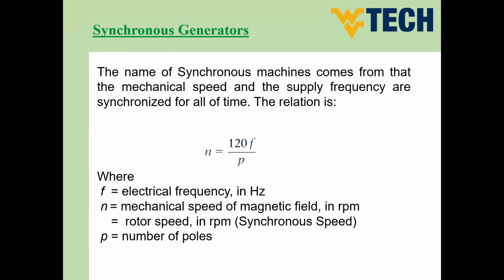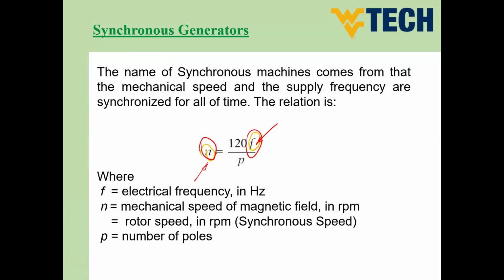Actually, this is the supply frequency and the moving of our rotor or the rotating machine. So the speed and frequency are synchronized. This means if you have constant supply frequency, this machine speed is going to be constant.